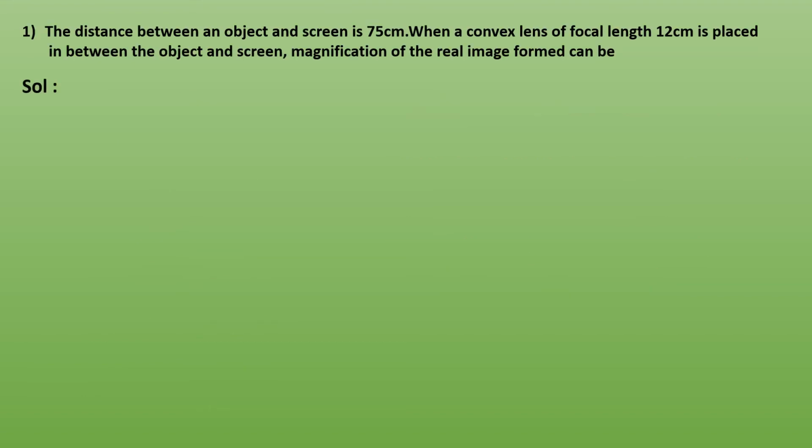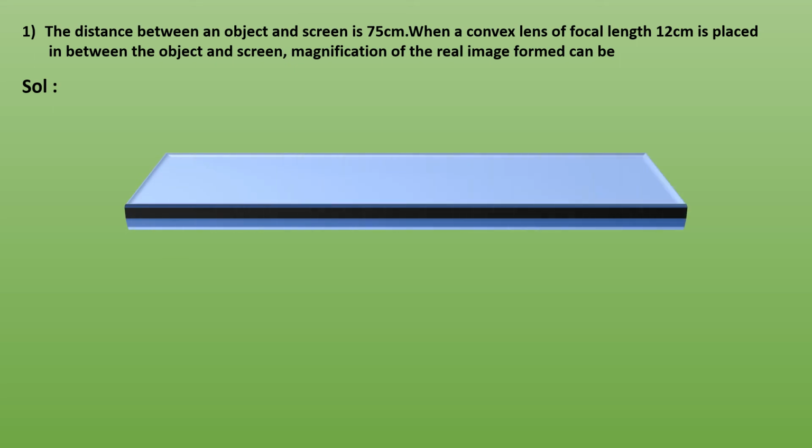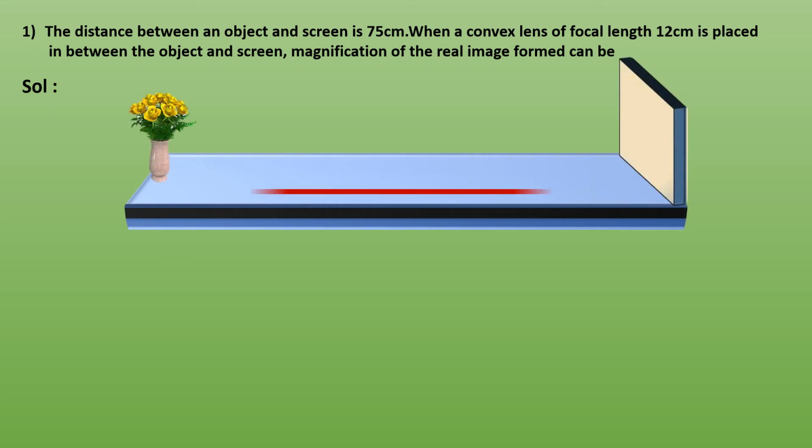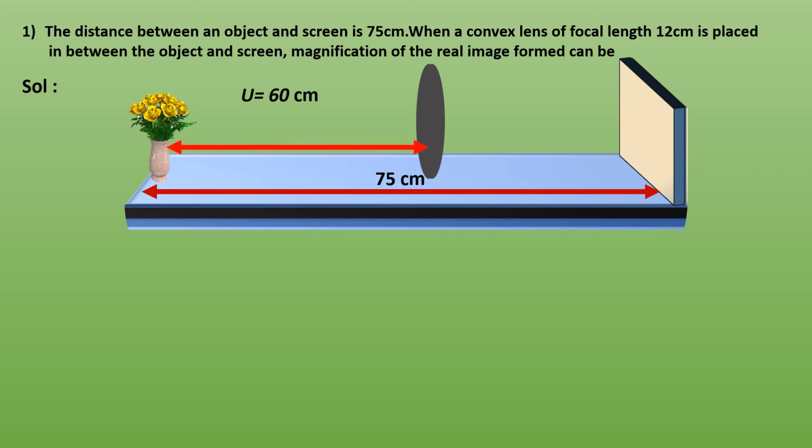Now let us try to find the magnification values. We know that the distance between the object and the screen is 75 centimeters. Let us assume that the lens is kept at a distance of 60 centimeters from the object, that is object distance is 60 centimeters, and from this we get image distance v is equal to 15 centimeters.